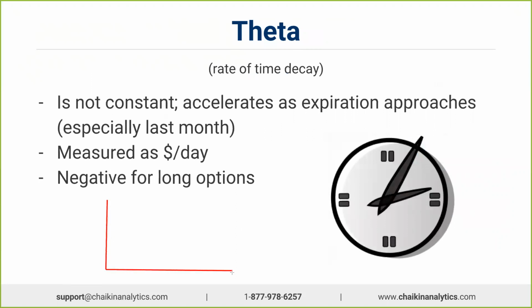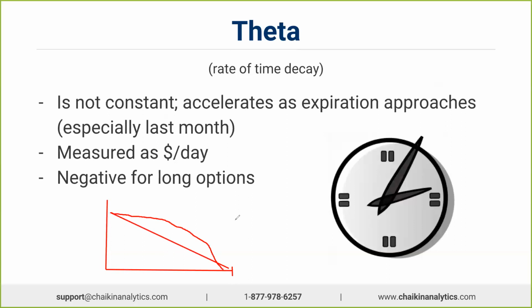So as we approach expiration, right here, we'll call that expiration, time decay does not just move down like this, right? Time decay is curved, and it looks more like, I'm not a great drawer, so something like that. It really starts to fall off in the last 30 days, and it accelerates as we get closer.